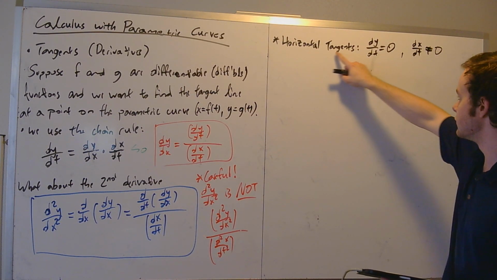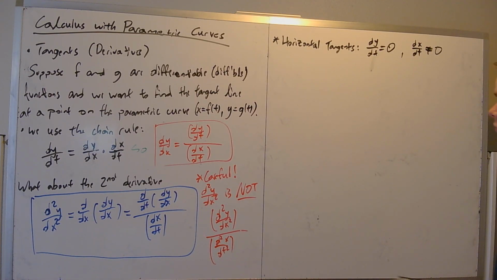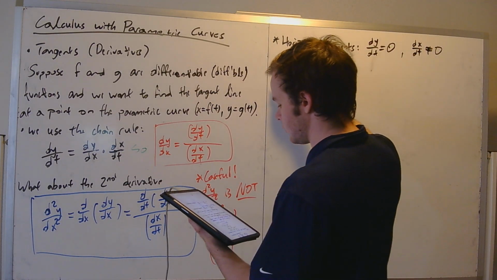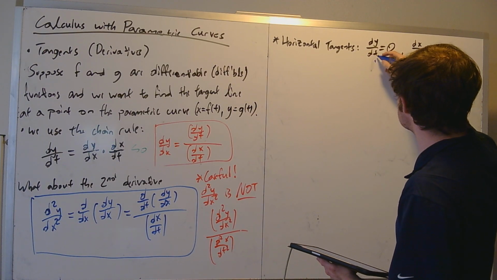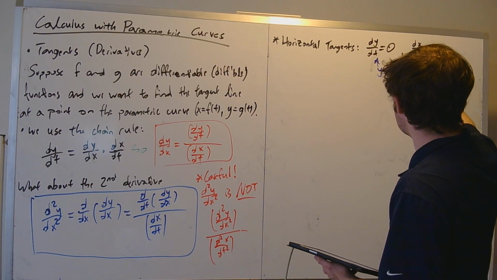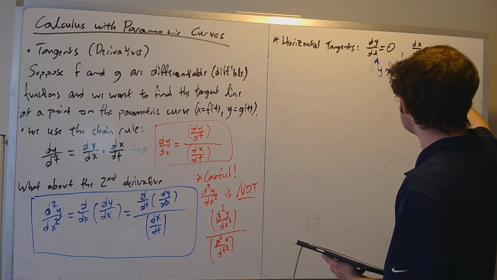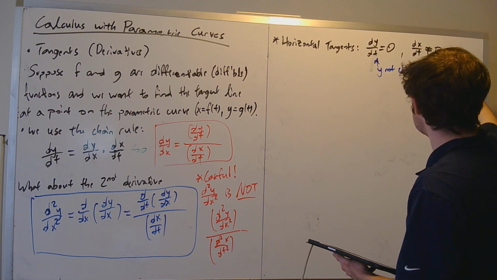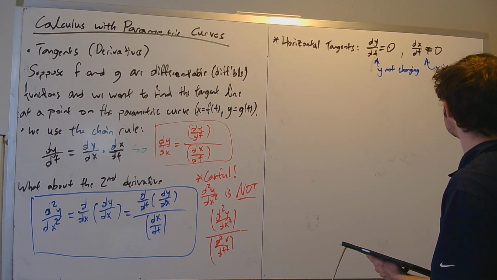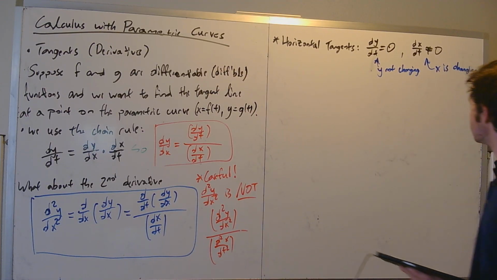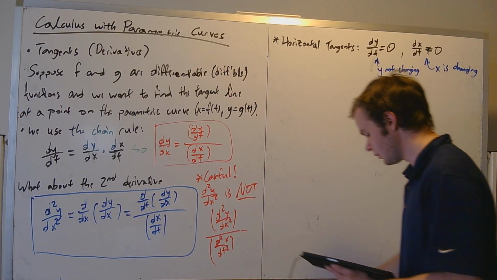The reason it's horizontal is because the y is not changing, and here the x is changing.